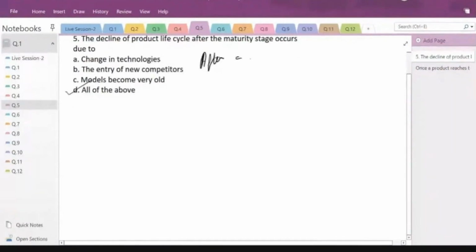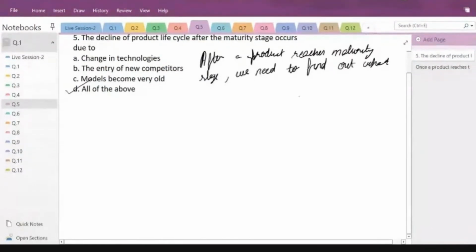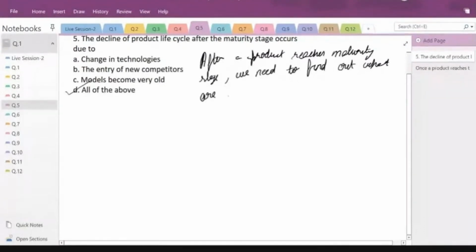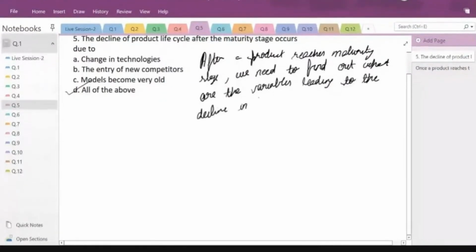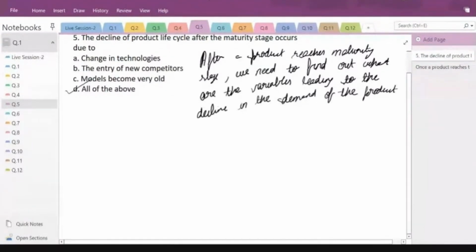After a product reaches maturity stage, we need to find out what are the variables leading to the decline in the demand of the product, like why the customers are not buying the product.